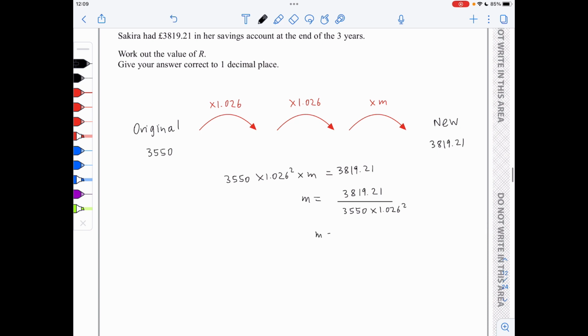This turns out to give an answer of 1.021998, and therefore a multiplying factor of 1.021998 is equivalent to a percentage increase of 2.2%, and therefore the value over to one decimal place is 2.2.